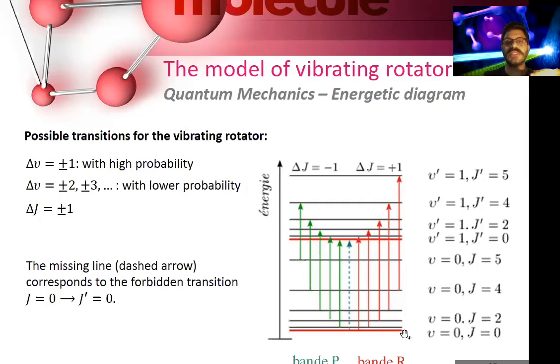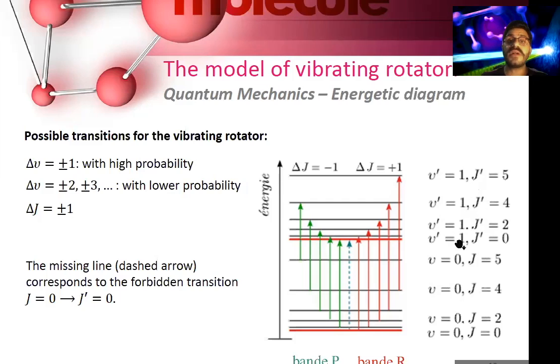However, for V equals 0, you have different seats, so different J. J equals 0, so V equals 0, J equals 0, or then V equals 0, J equals 2, V equals 0, J equals 4, etc. Now, when we get to the second row, so V prime equals 1, then the same. You have the first seat, second, third, fourth. So V prime equals 1, J prime equals 0, V prime equals 1, J prime equals 2, etc.